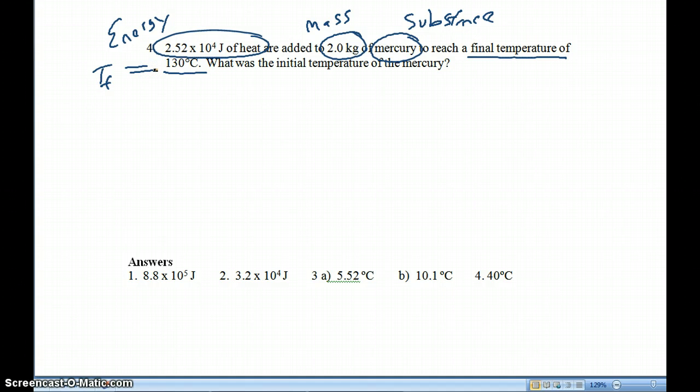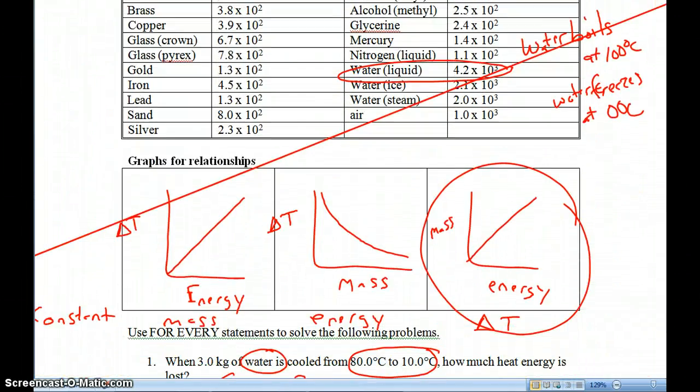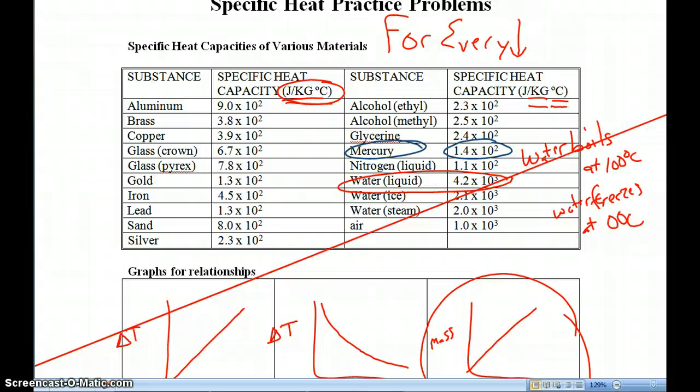And they want to know what is my initial temperature, so the T sub I, and again, they give me the substance as mercury. Okay, so I've got to go back up and take a look at my chart to get my "for every" statement. There's mercury right over here, and it's 1.4 times 10 to the second, and the units are joules per kilogram degree Celsius.